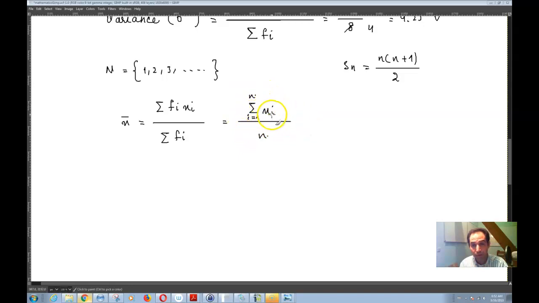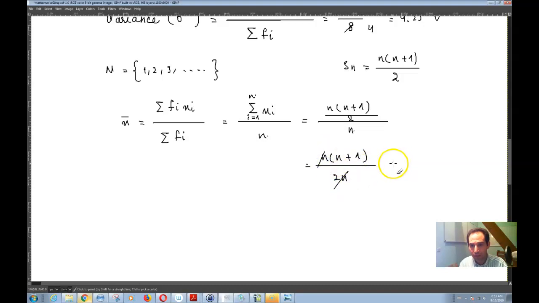So sigma x of i, when i goes from 1 to n, as we calculated here, is n times n plus 1 divided by 2. Then you have to divide that by n, because that's the number of terms, which is the same as n times n plus 1 divided by 2n.